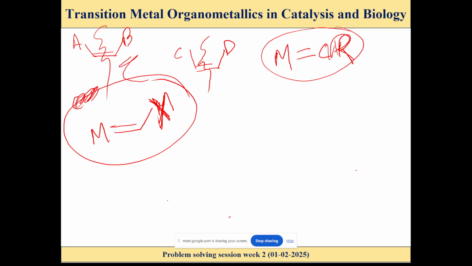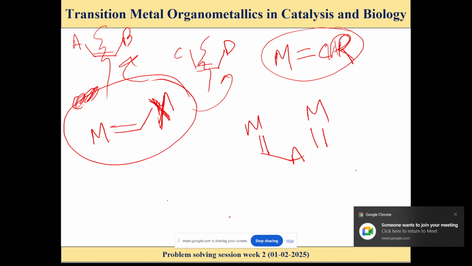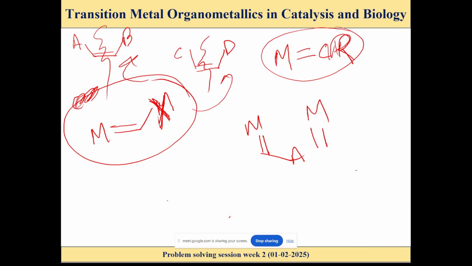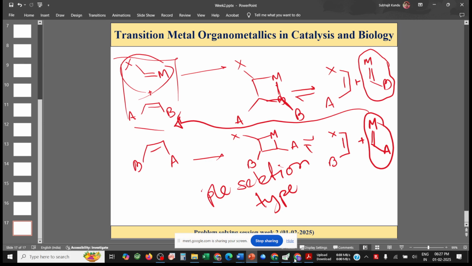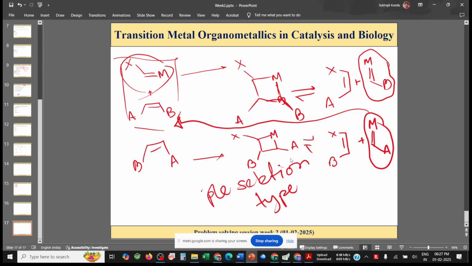If you do the cross metathesis reaction, it will go through the metal carbene intermediate, and this will generate a huge number of different reactive species.